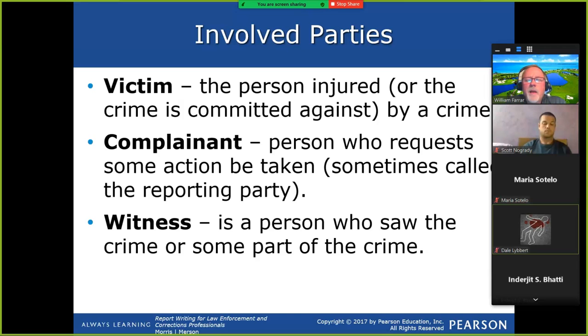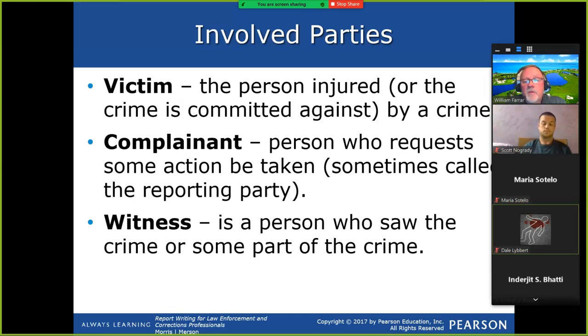I guess it could be that way. I'm not sure how they would really write it, but that would be kind of an interesting concept. But sure, I mean, we know that people have committed crimes and then been the victim of another person, so that is possible. But just note that the victim is typically the person, or if it's a business, but it's the person who is either injured or whom the crime is committed against.